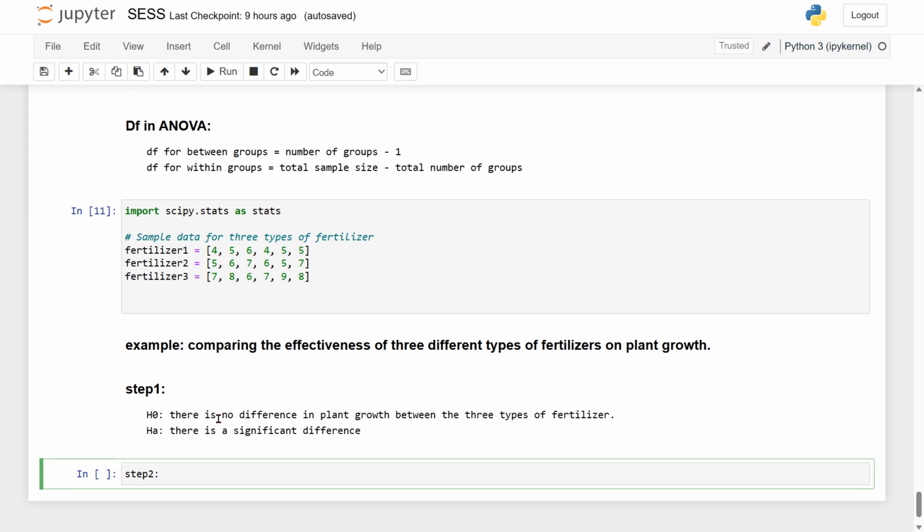Then we will calculate the mean and variance of the plant heights for each group. It's nothing but each fertilizer type.